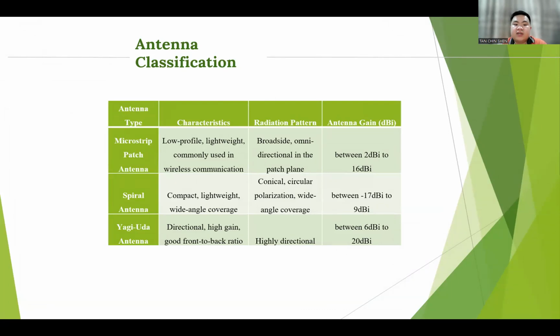The spiral antenna is compact and lightweight, with circular polarization and wide angle coverage, and gain between negative 17 dB and 9 dB. The Yagi-Uda antenna is directional with high gain, and the gain is between 6 dB and 20 dB.